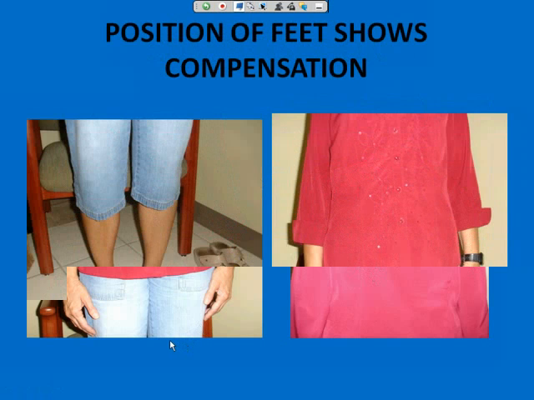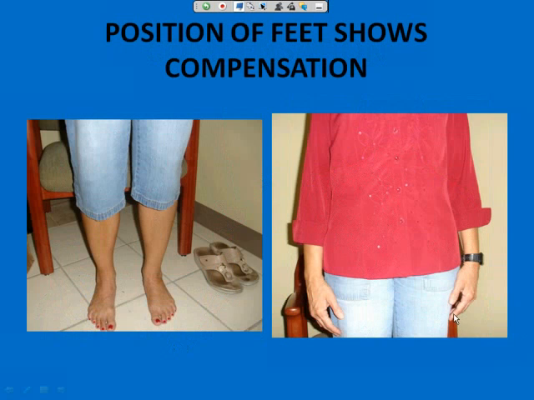Now, looking at their feet in the same manner, you see how the left hand is back, the right hand's forward. So the right shoulder is internally rotated. The left shoulder is posteriorly rotated. With the left shoulder posteriorly or externally rotated, the left foot is pronated more.